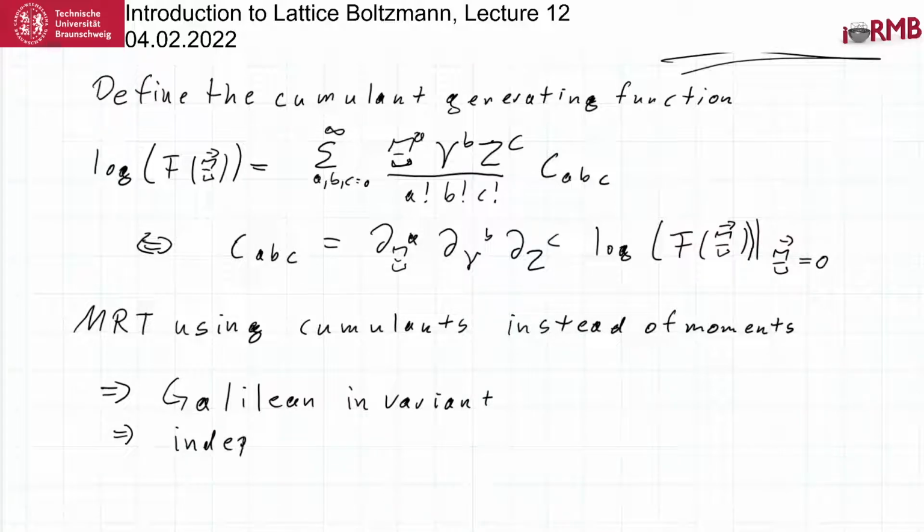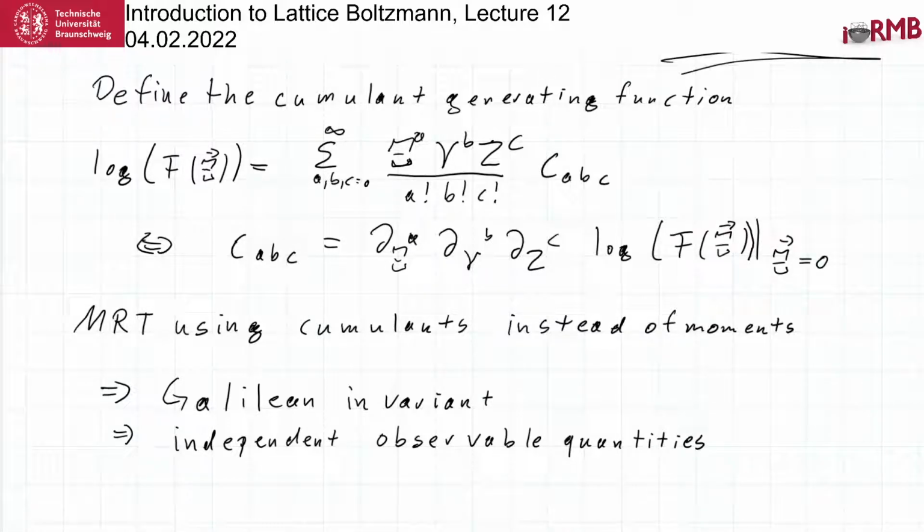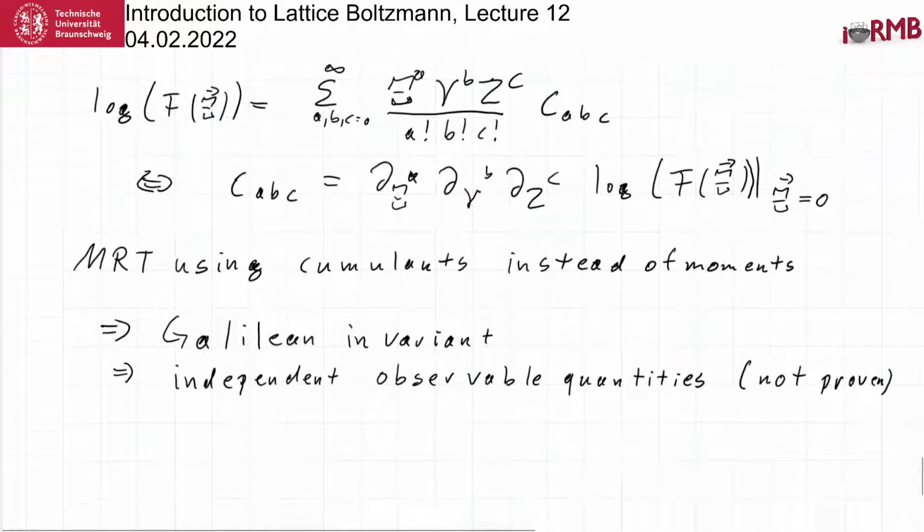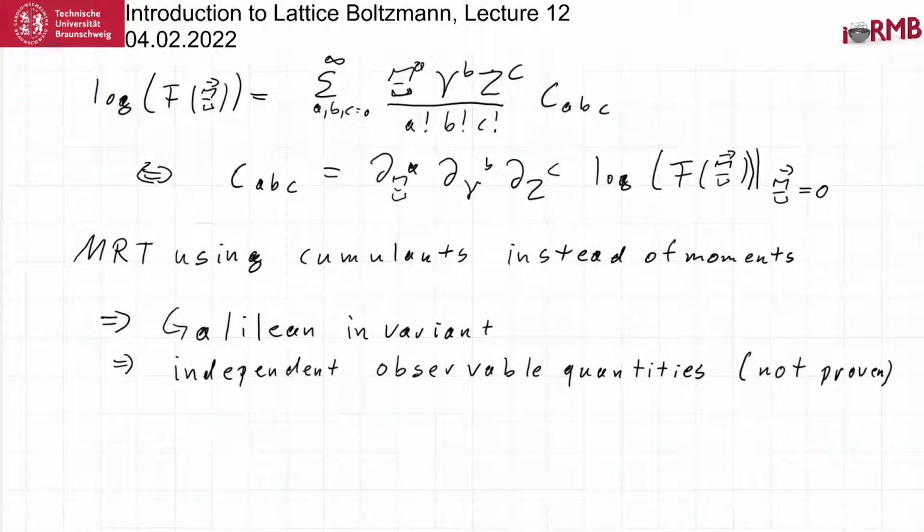And we've eliminated the dependency of the observable quantities. At least we claim. So we have not proven this, but we claim this. Okay, we look at some examples in a minute.